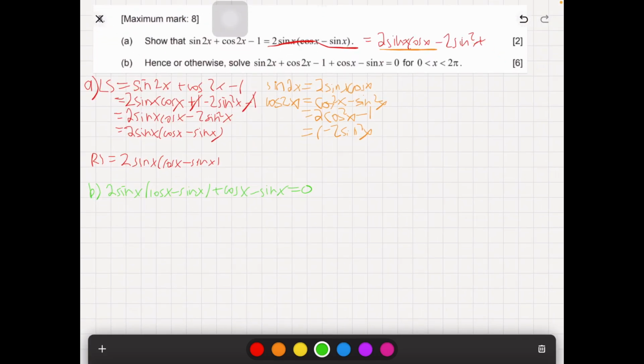And right away, I see that we can factor out a cos x minus sine x. So let's do that.